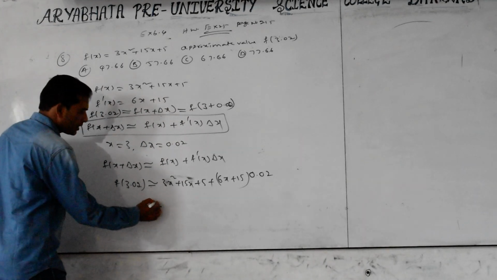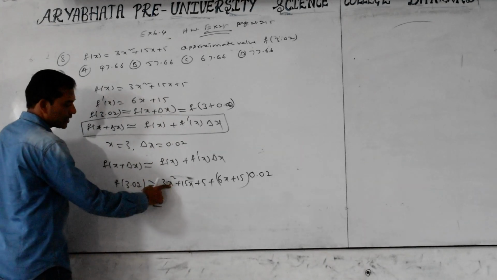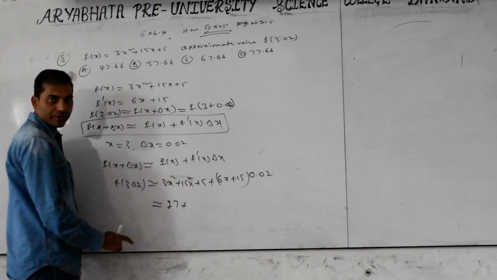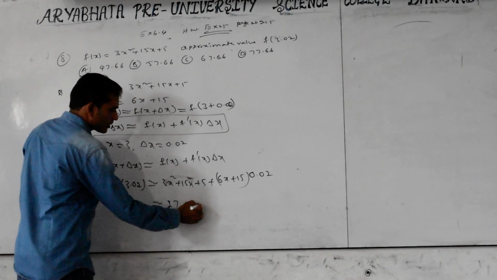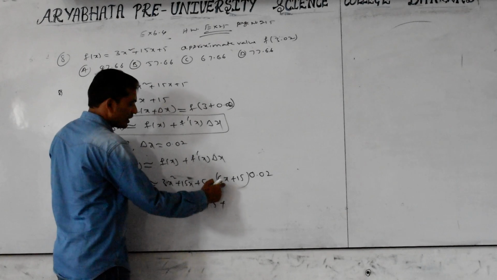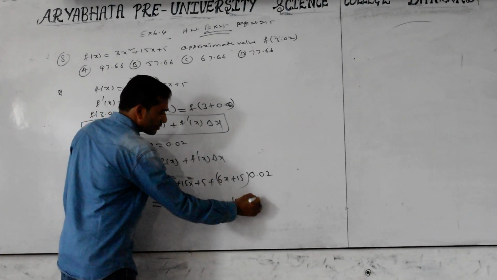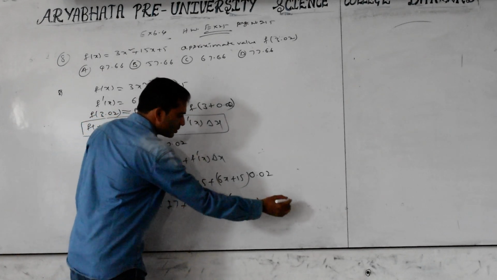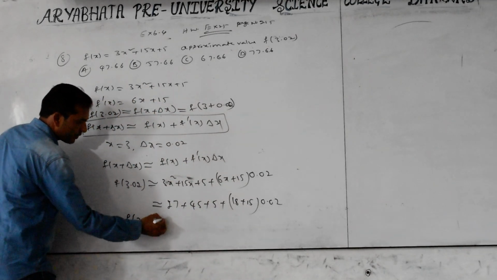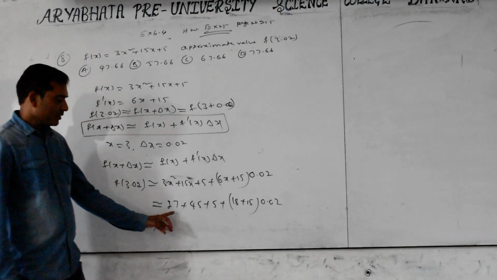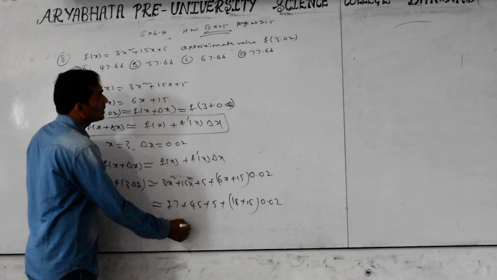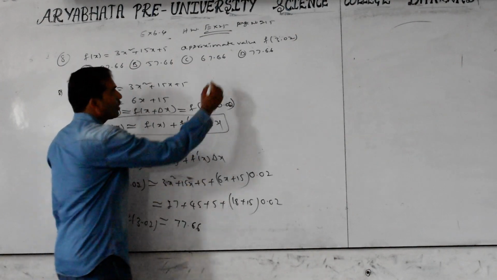Substitute the values: x equal to 3, 3 square is 27, 15 into 3 is 45, plus 5, plus 6 into 3 is 18, plus 15, into 0.02. Calculating this, we get f of 3.02 approximately equal to 77.66. So the answer is option B.